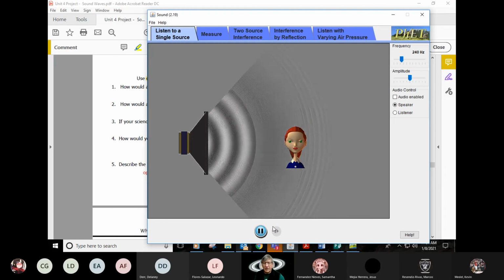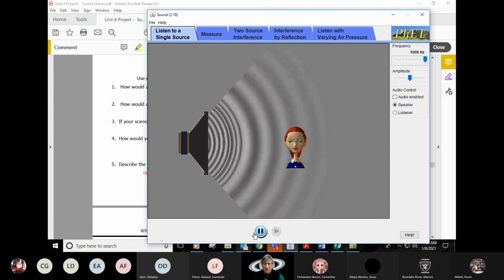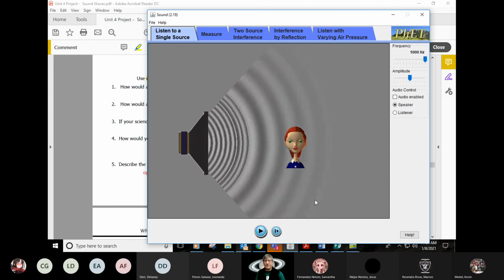Okay, here's my low frequency. It's a small number of hertz, 240 hertz. How many waves do I see coming out of the speaker at this low frequency? Now, I drag it up to a high frequency. What happened to the number of waves? So, here I have a low frequency.